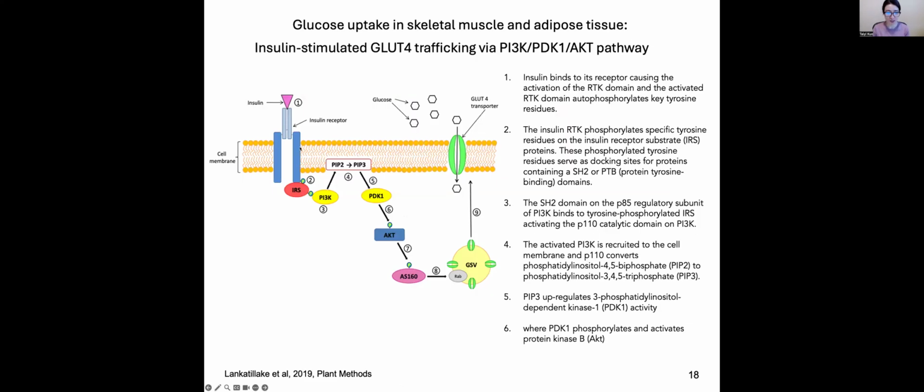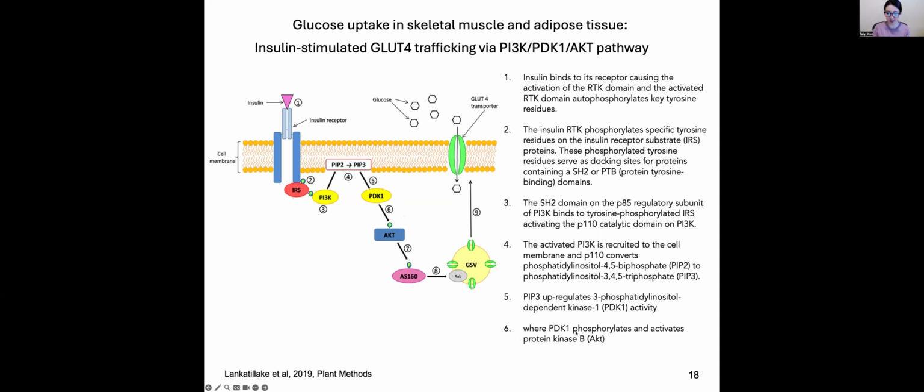So this is the same signaling pathway. It's just shown in a different graph. All right. So again, we have the insulin receptor, IRS, PI3 kinase, PIP2 to PIP3, and then we have the PDK1, the AKT. So we're going to talk about what's downstream of AKT.